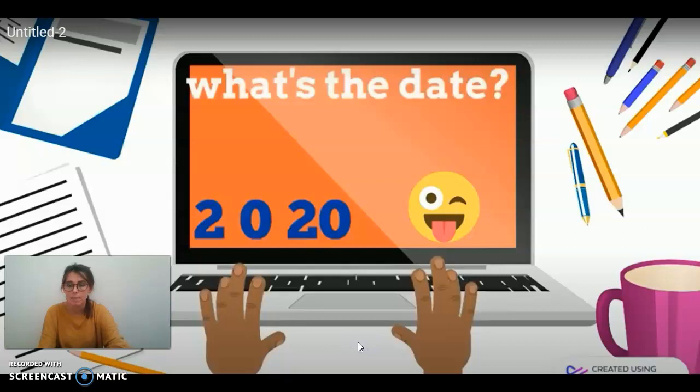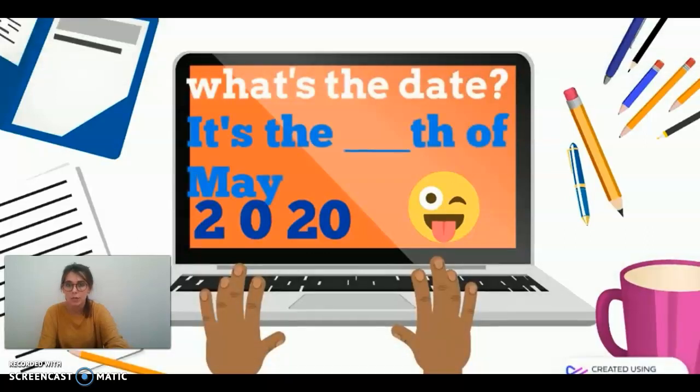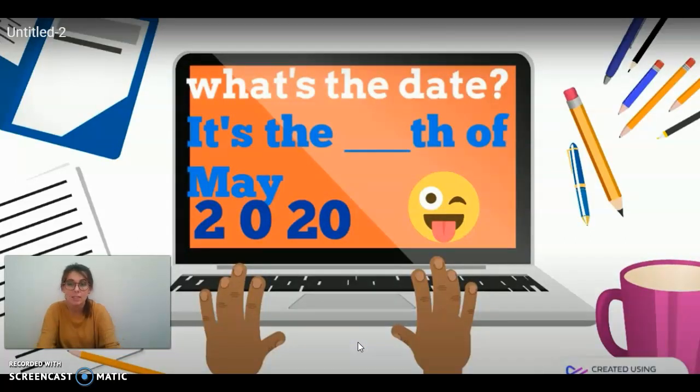So let's see. What day is it? It's the 20 something, right? 25th or 27th or 26th or 28th or 29th of May 2020. Good? Nice.